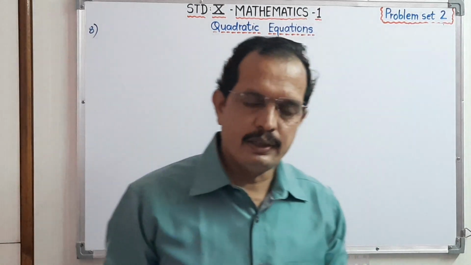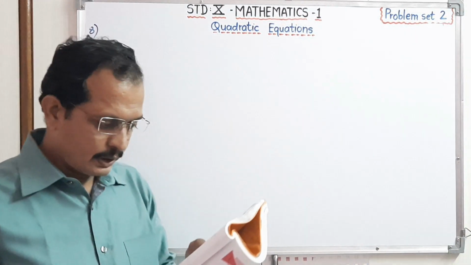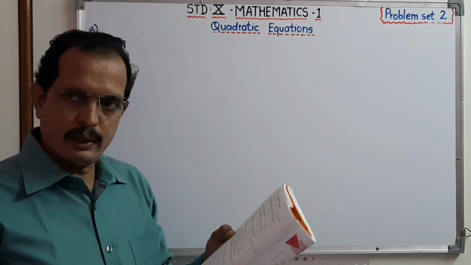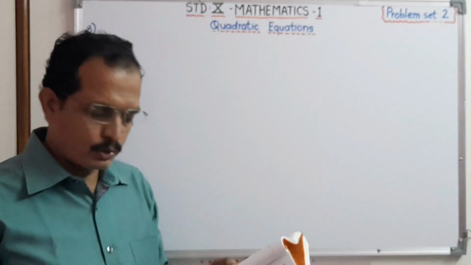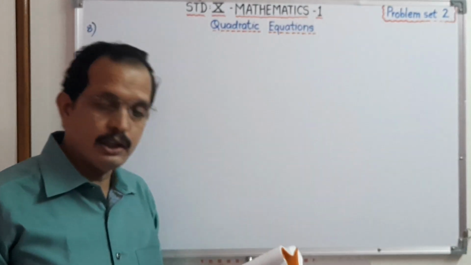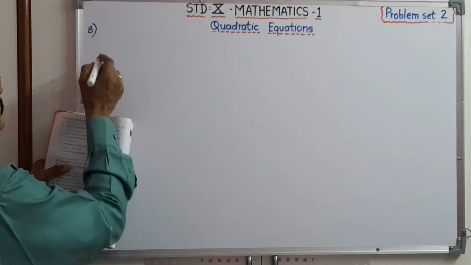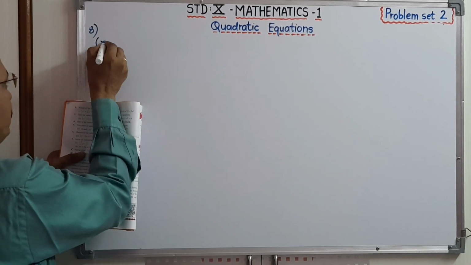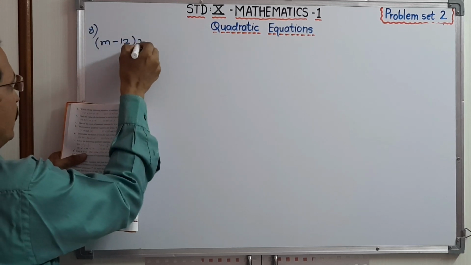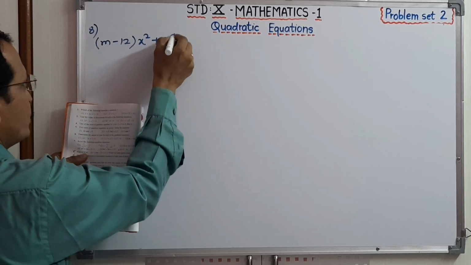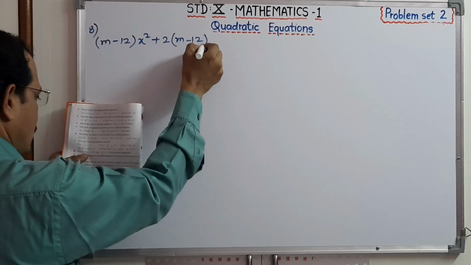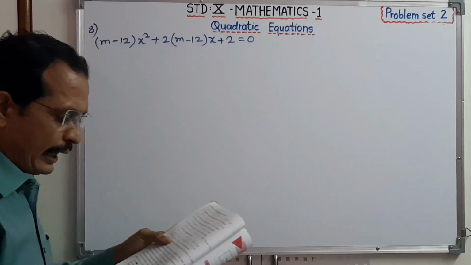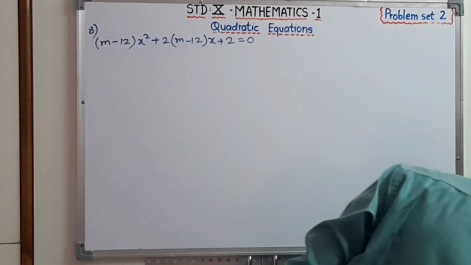See the question number 8.1. Find m if m minus 12 x square plus 2 into m minus 12x plus 2 equal to 0 has real and equal roots. See, dear student, we have to find out the value of m. See, m minus 12 x square plus 2 into m minus 12 x plus 2 equal to 0 has real and equal roots.